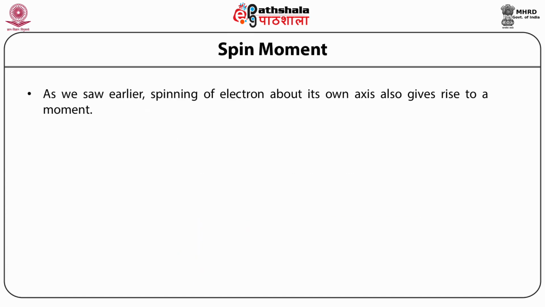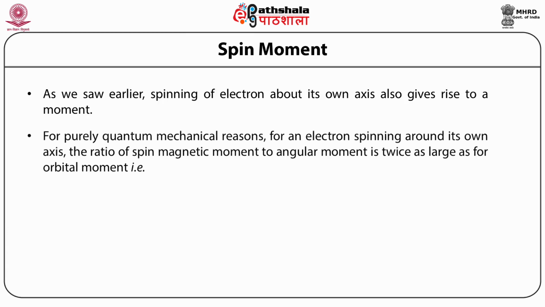As we saw earlier, spinning of an electron about its own axis also gives rise to a moment. For purely quantum mechanical reasons, for an electron spinning around its own axis, the ratio of spin magnetic moment to angular momentum is twice as large as for orbital moment.